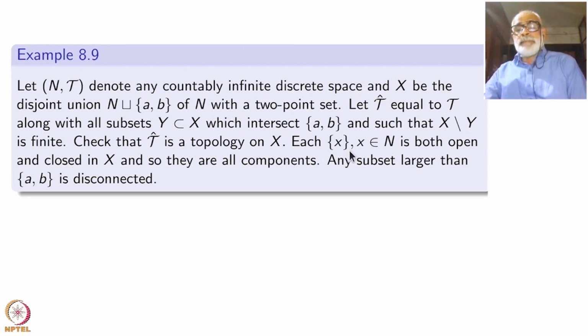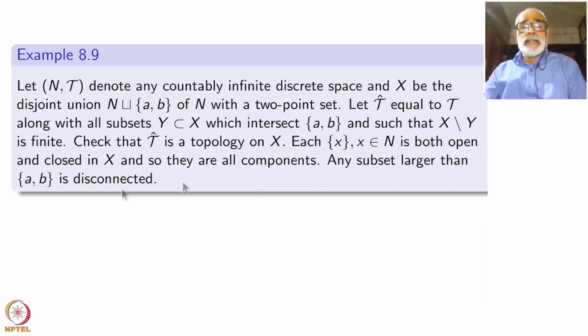For each x, if x is inside N, then it is discrete topology, so it is both open and closed in X, because all the open subsets in tau, they are inside tau hat also. So they are all components. If a singleton set is both open and closed, that singleton must be a component, right?